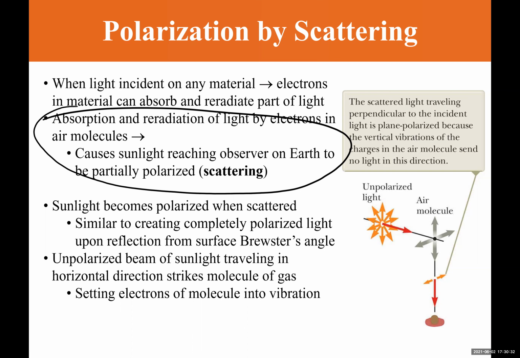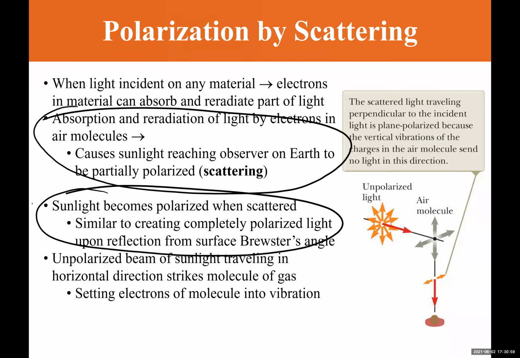Sometimes they re-emit in our direction, sometimes in a different direction, but the idea is that generally, for example, red can go through the air molecules without being scattered too much. But the smaller wavelength light, violet and blue, ends up being much more scattered, the violet obviously being the most. So the sunlight becomes polarized when scattered.